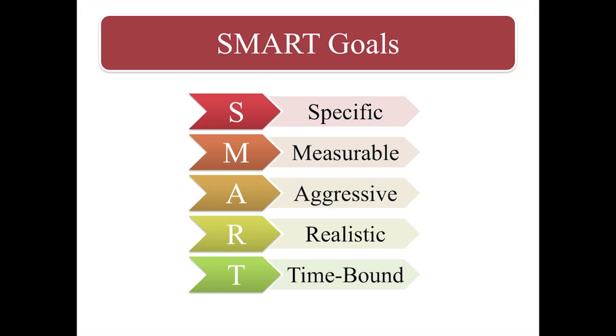It might be quite challenging or aggressive, but as long as it's realistic, it's something that we can imagine doing. We can look at how measurable and time-bound it is. So we can say we're going to get there within this amount of time, and this is how we'll know if we've succeeded. So really, again, thinking about SMART as aspects that will help you be effective in setting your goals.